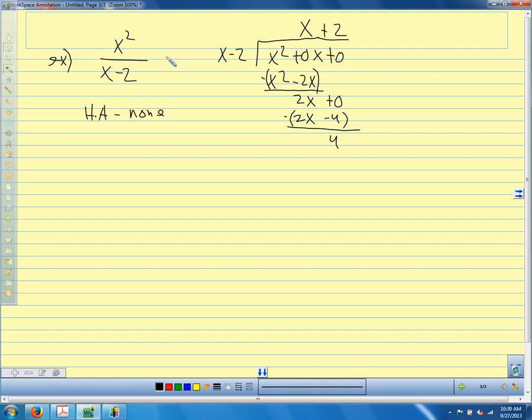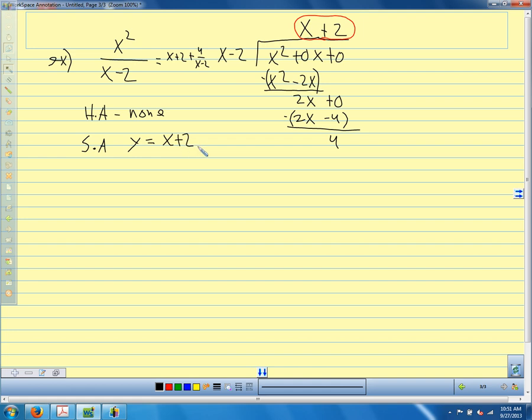So this function equals x plus 2 plus 4 over x minus 2. My slant asymptote is this part. The part that's up here when I do my division is my slant asymptote. y equals x plus 2.